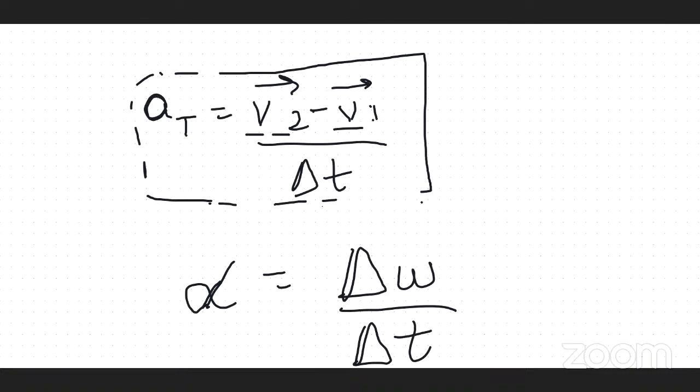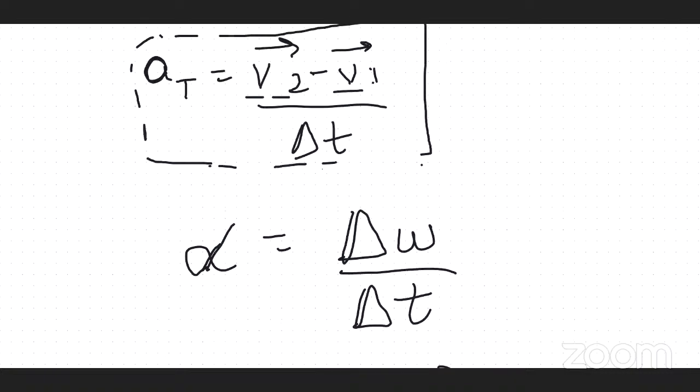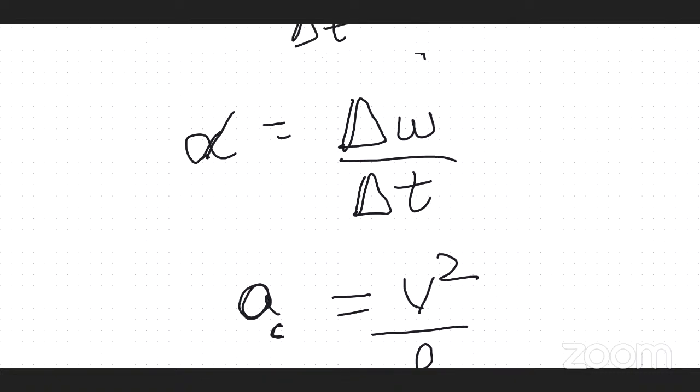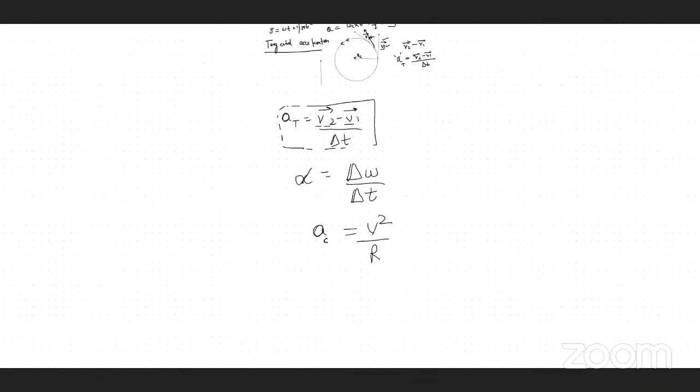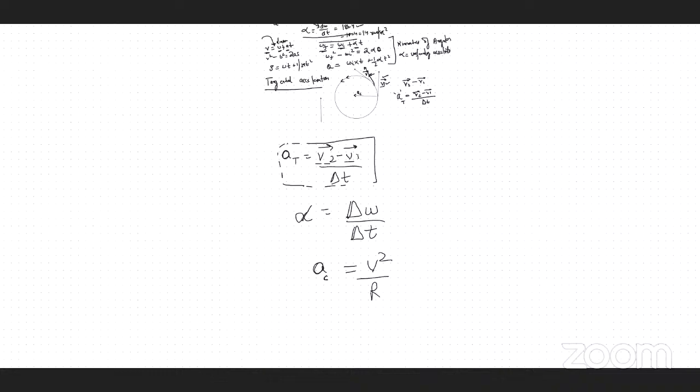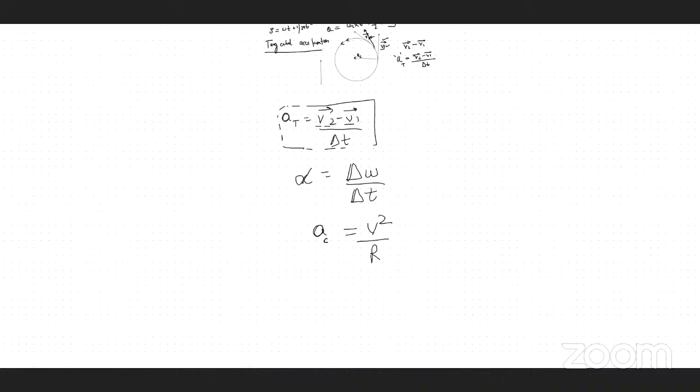Done. Yes sir. Please also write the situation of uniform angularly accelerated motion, the three equations that hold in uniform motion. So this is your angular acceleration. Okay, good. Written.